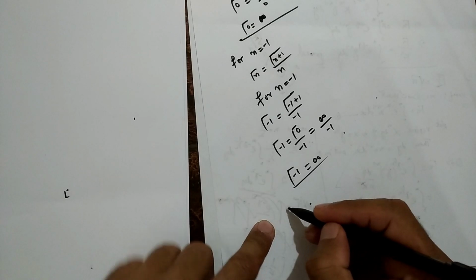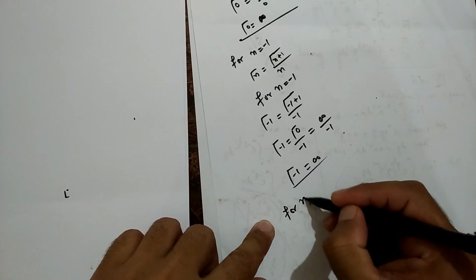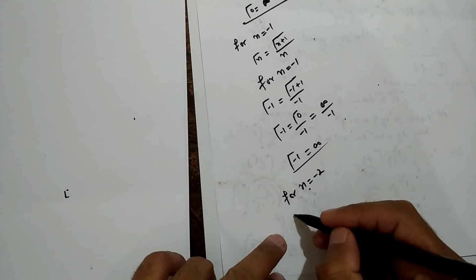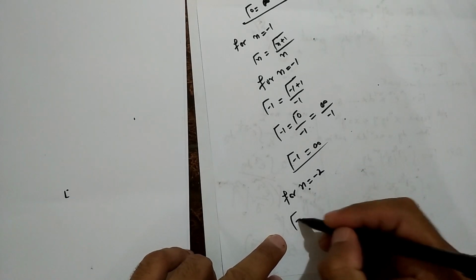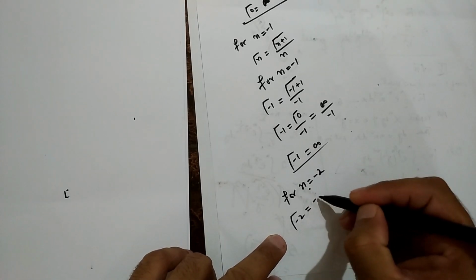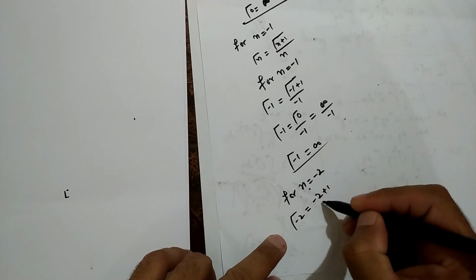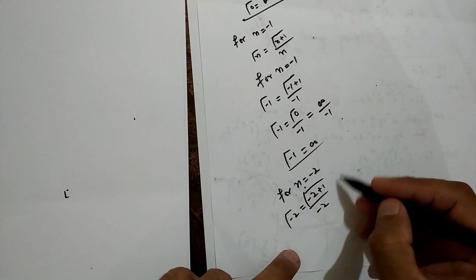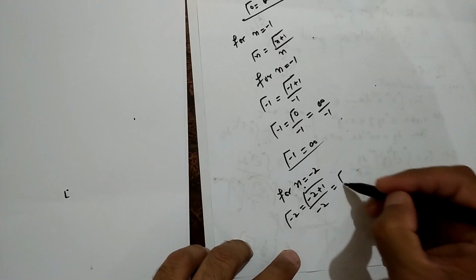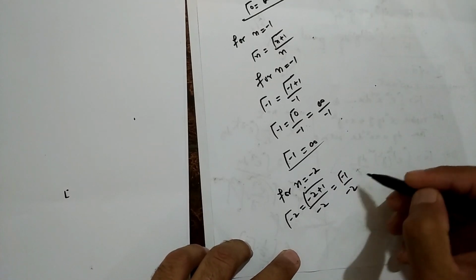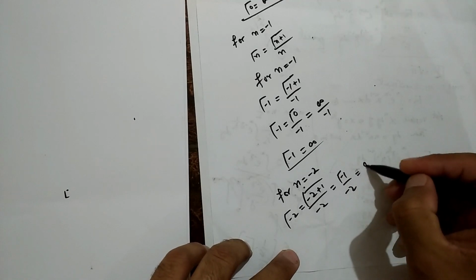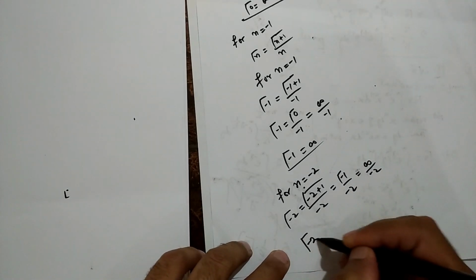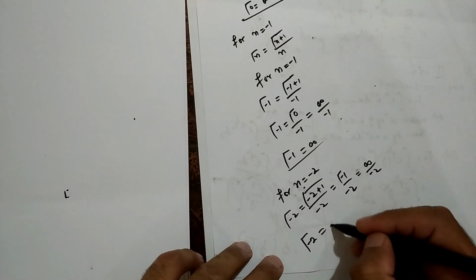Similarly, for n equal to minus 2, gamma minus 2 is equal to gamma minus 2 plus 1 upon minus 2, and this will be gamma minus 1 upon minus 2, and gamma minus 1 is infinity. So again gamma minus 2 is infinity.